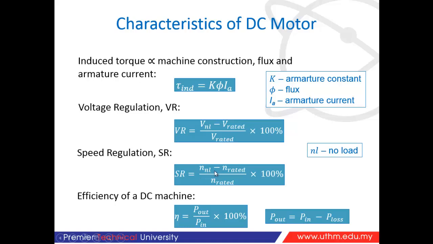With no load, what is the speed? And with the full load condition, we call it N rated. Then the calculation becomes the regulation. Same goes for the efficiency of the machine.